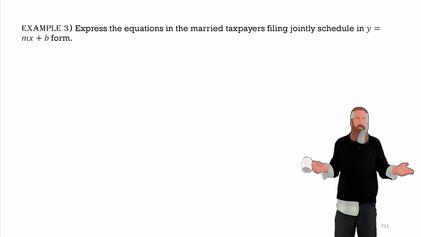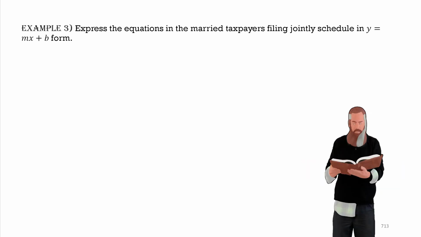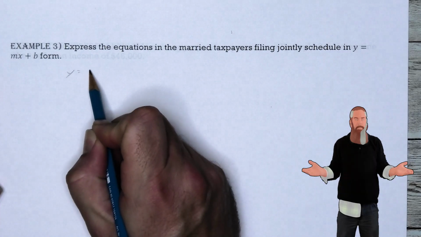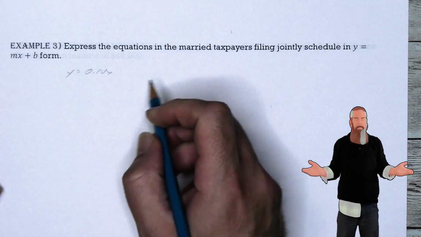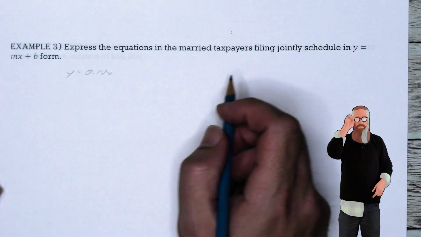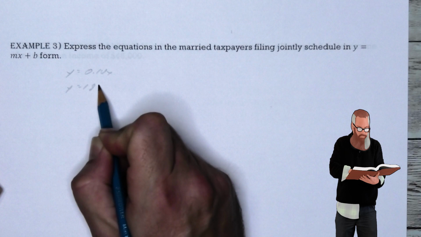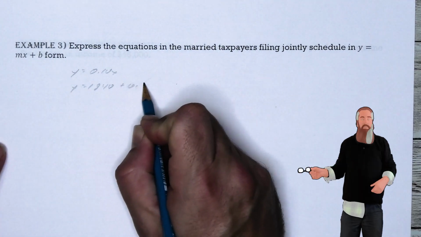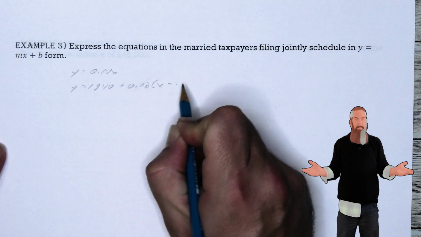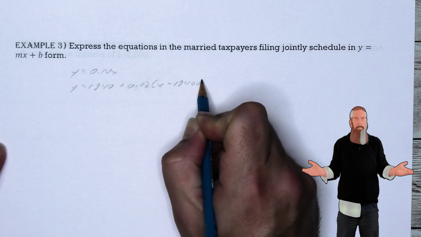Use the distributive property and combine like terms. Each of the equations can be expressed as follows. y equals 0.10x is exactly that; it's already in its y equals mx plus b form. y equals 1940 plus 0.12 times (x minus 19,400).